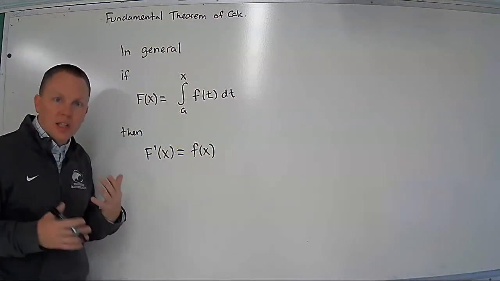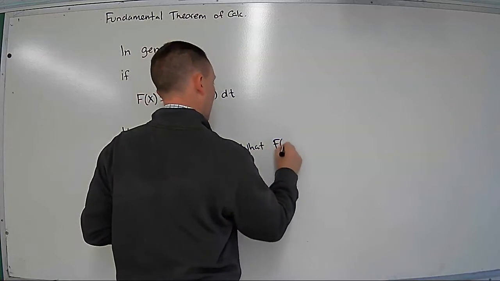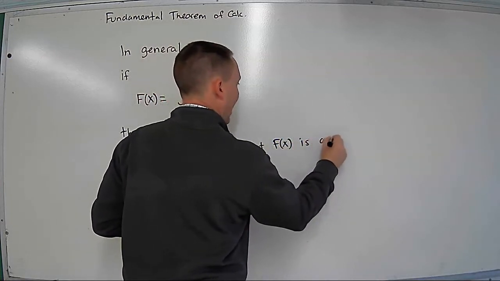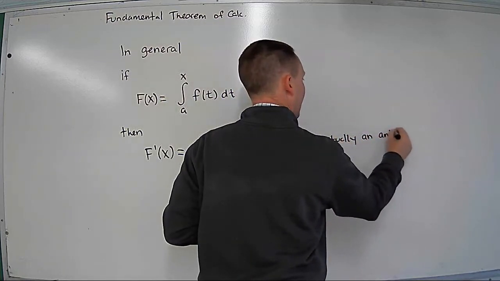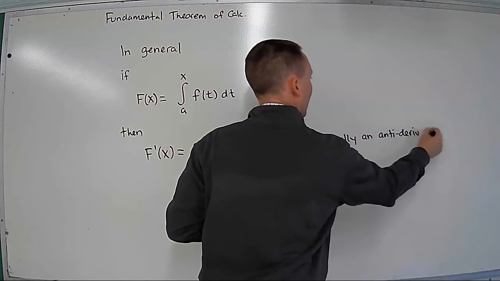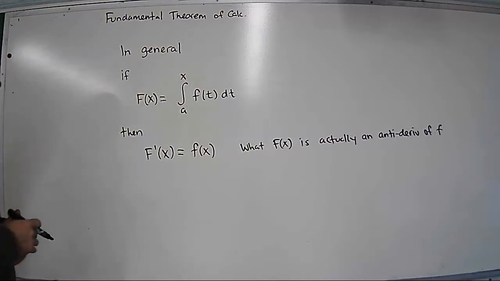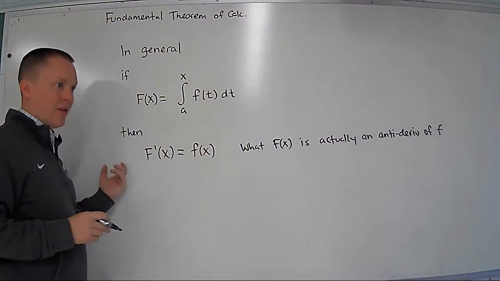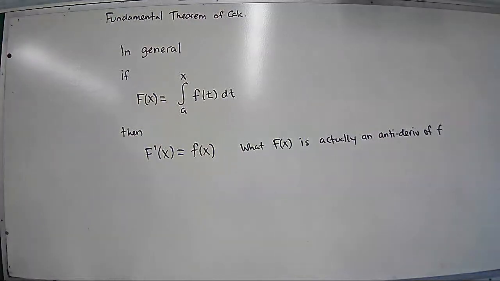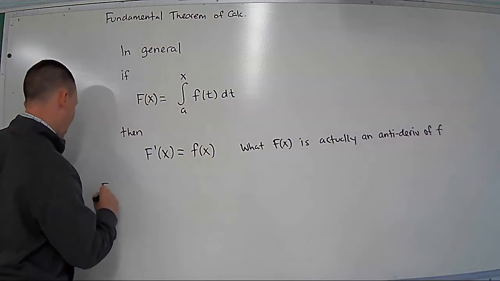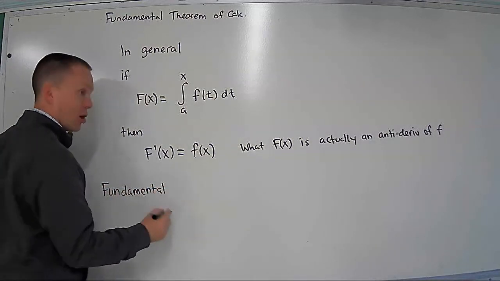Because realistically, what big F is here is actually an antiderivative of little f. That's what big F is. So the derivative of an antiderivative is the function you were starting with. So this is what we call the fundamental theorem of calculus, which our book identifies as part 1.